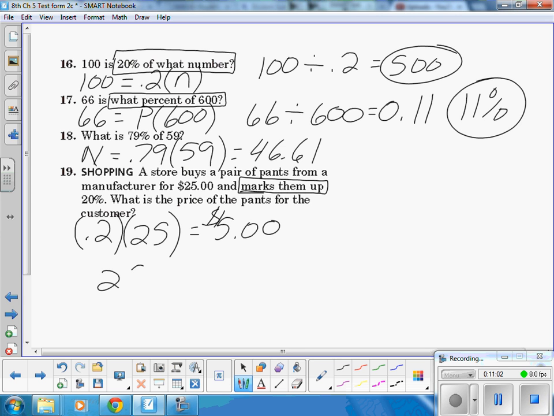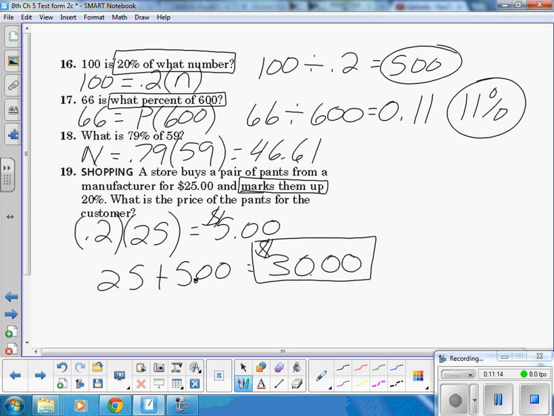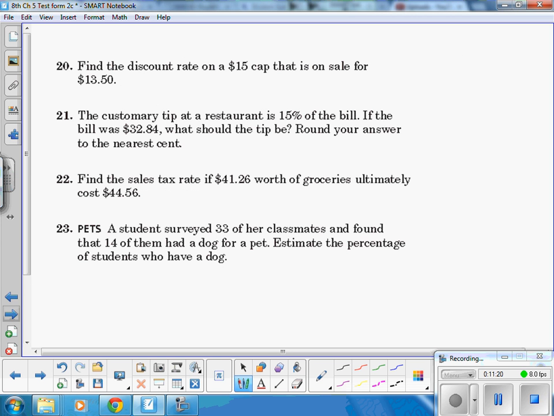So I take the $25, I add the $5, and my answer is $30. A markup and a tax are the same. We're going to add. A discount or percent off, we subtract.